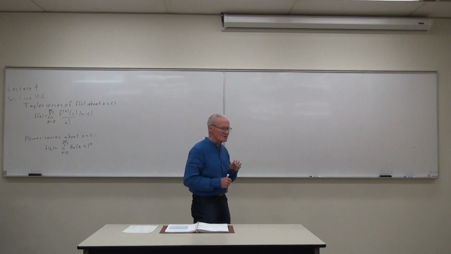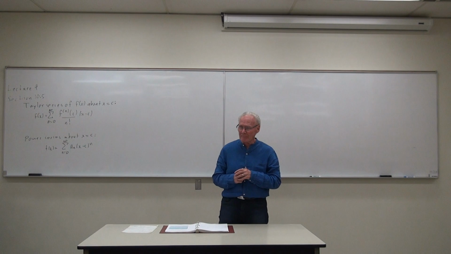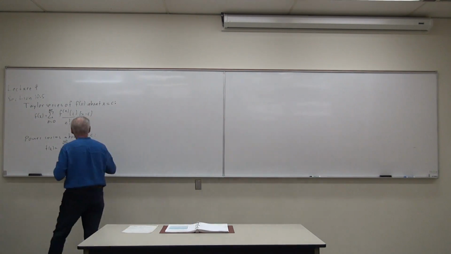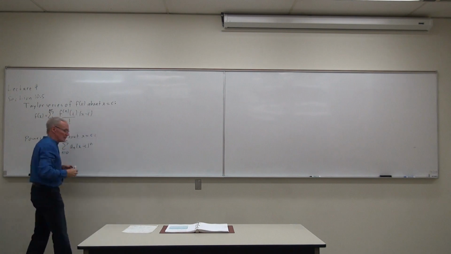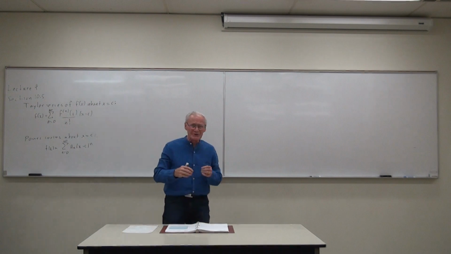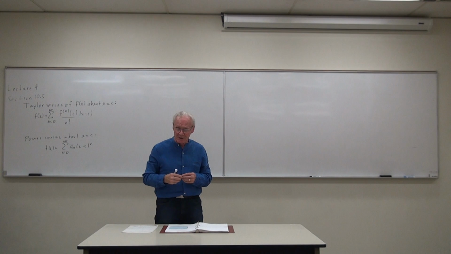Let's recapitulate on what we saw in sections 10.3 and 10.4. In 10.3, I gave you a function f of x, I gave you a value called c, and we formed what we called the Taylor series of that function about x equals c.